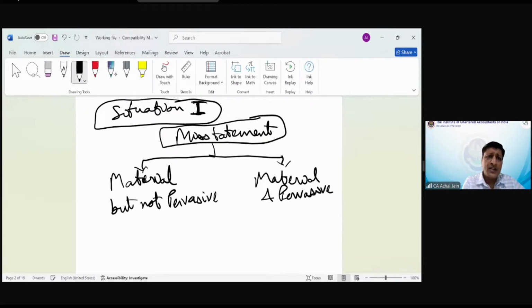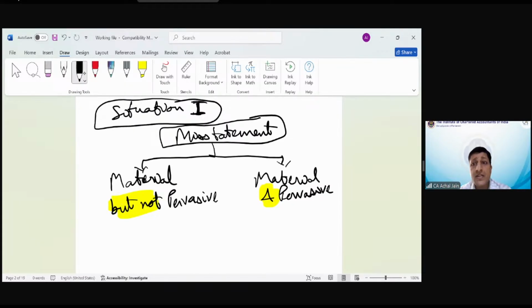Now, let's try to understand the meaning of pervasive. Pervasive means something which flows, which applies to the entire set of financial statements.